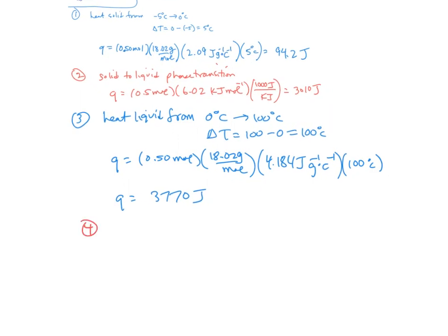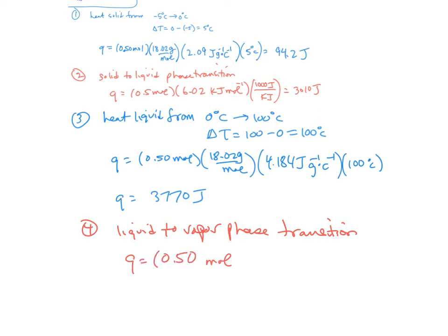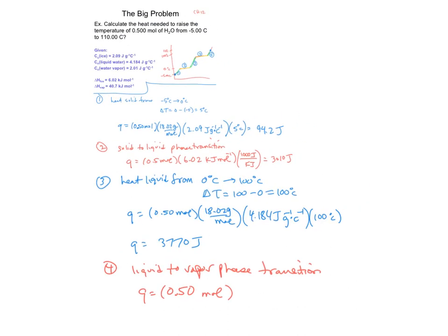Part 4, we are looking at the liquid to vapor or gas phase transition. And we're going to say Q is equal to 0.50 moles times, let's see, we have 40 for that phase transition.